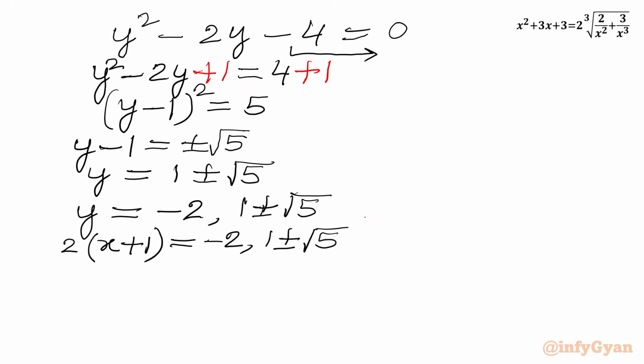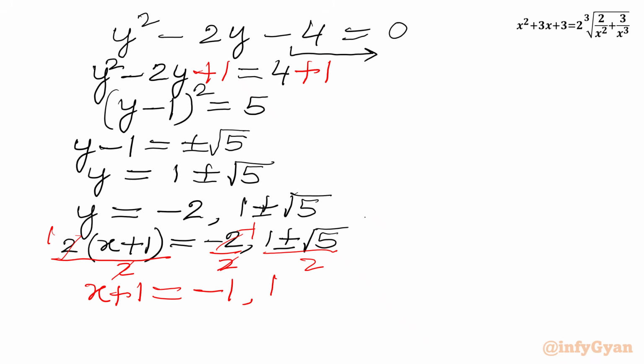Now we will divide this equation by 2 on both sides. So 2 over 2 will become 1 over here and -2 over 2 will become -1 over here. So we will get x + 1 = -1 and (1 ± √5)/2. Now we have to subtract 1 from both sides.